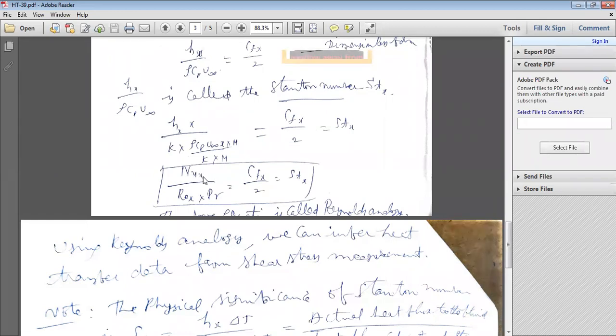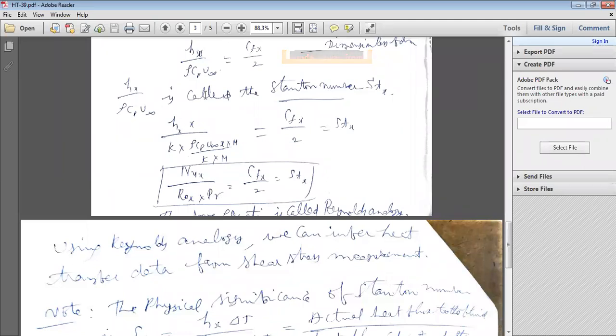That's why Nux, Nusselt number, divided by rho into velocity into x by mu, that is the Reynolds number Rex. Again, mu into Cp by k, that is the Prandtl number.